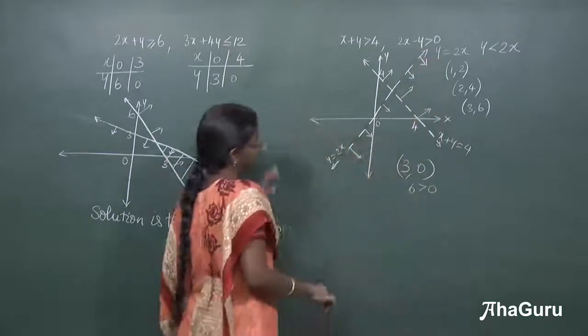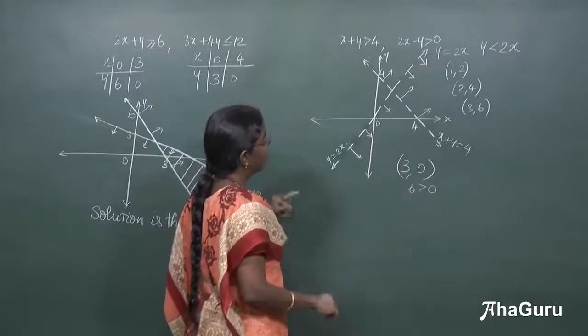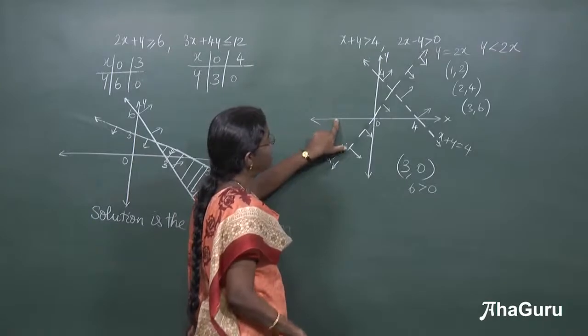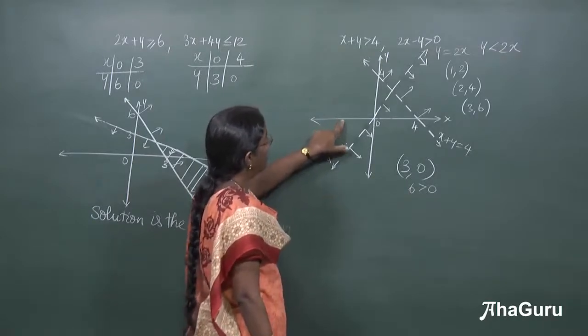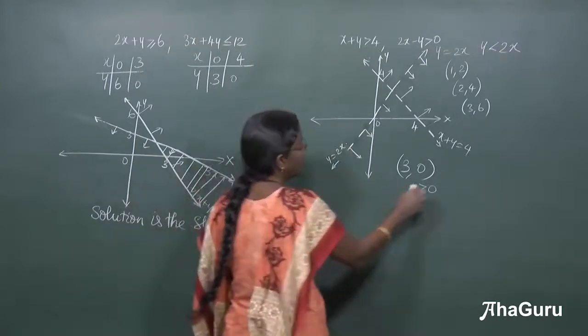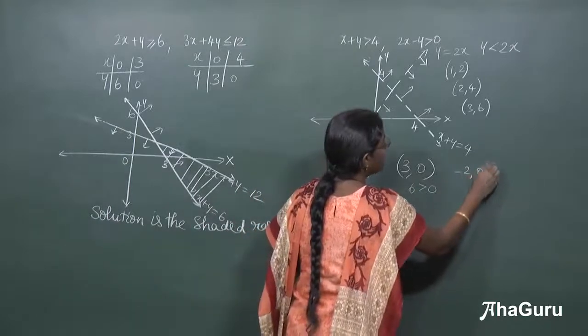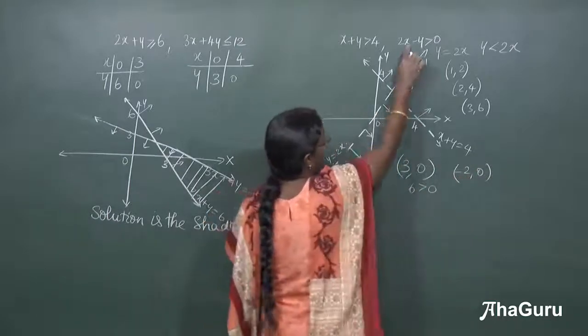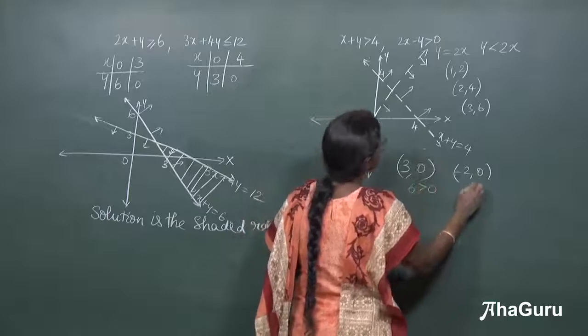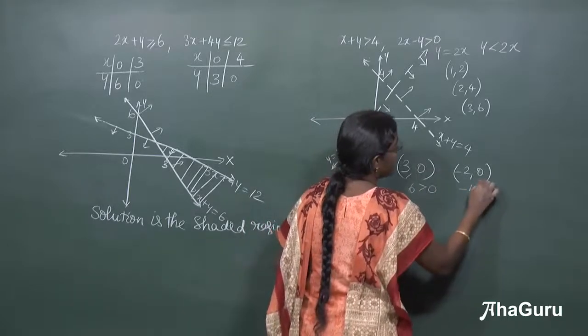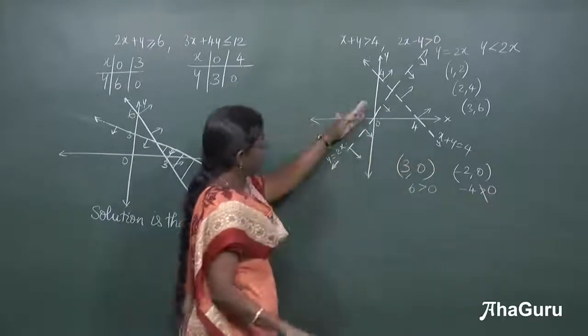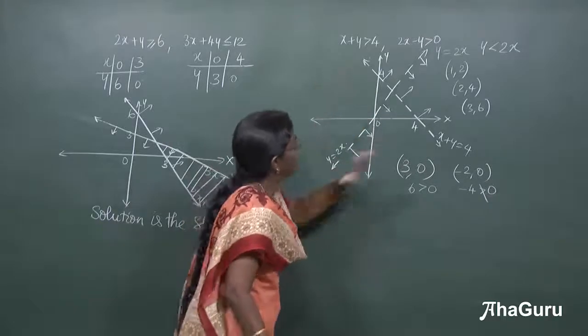Okay? You can even reconfirm that a point on this side doesn't satisfy. For example, if I take a point here, something like -2, 0, and substitute here, what do I get? -4 greater than 0, which is false. So it is not on this side of the line, it is on this side.